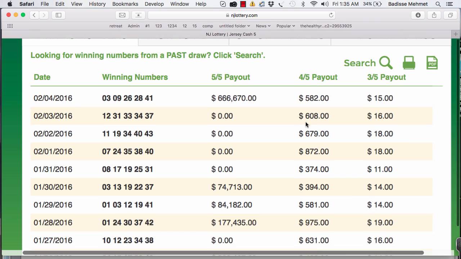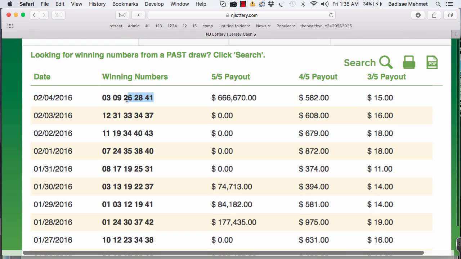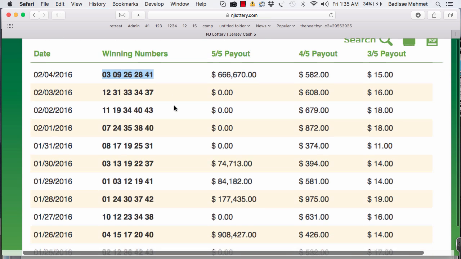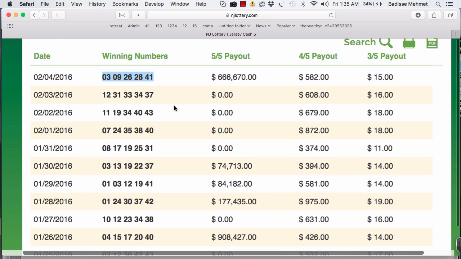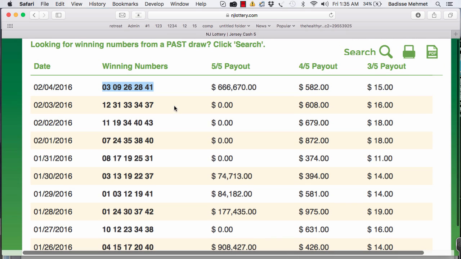Now, when we work with Cash 5 or any lottery numbers, the first thing you have to look at is the foundation of every lottery number. And what is that foundation? Even if you're going from Pick 2 to Powerball, every lottery number must sit on top of an odd, even foundation.